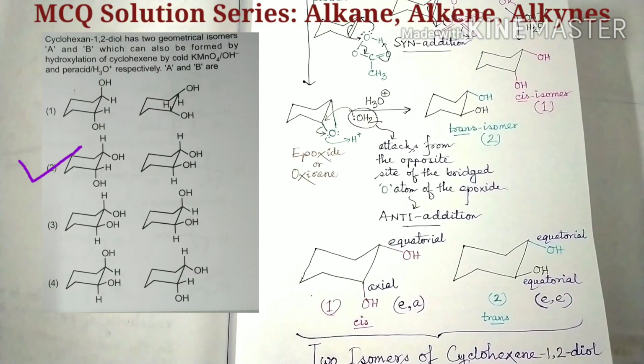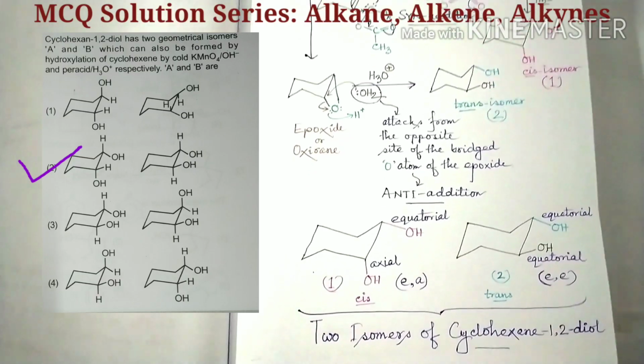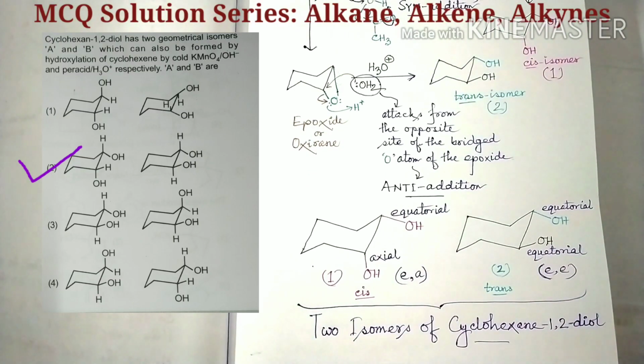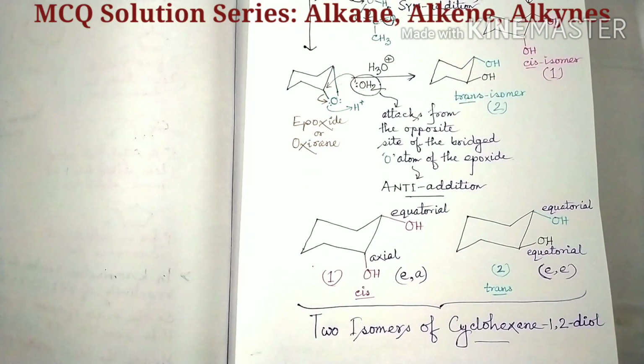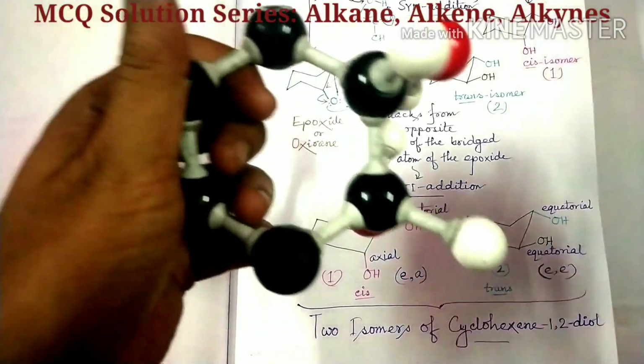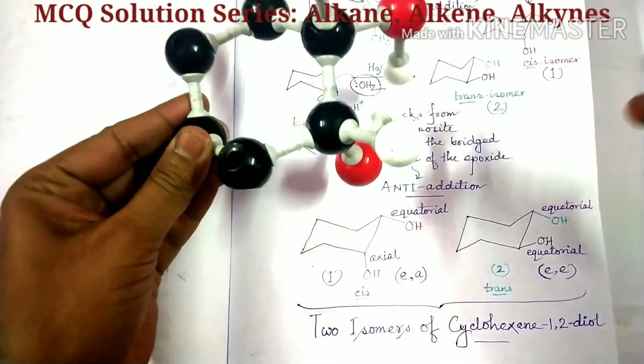So option 2 is our correct answer. Here A produces the cis isomer and B produces the trans isomer. Now we can show the two isomers in this way. Look at here, this is our compound.